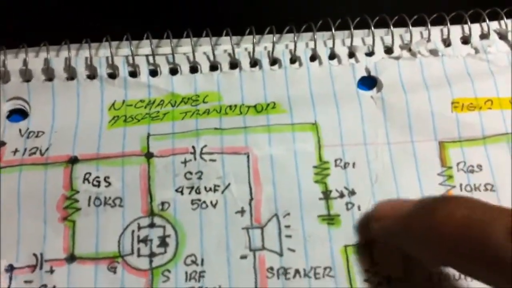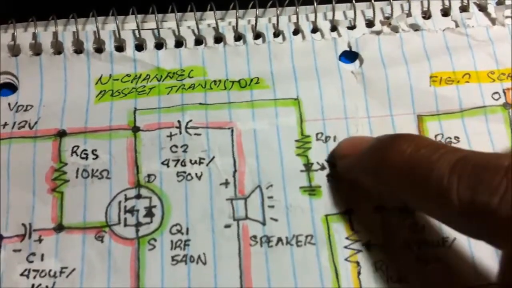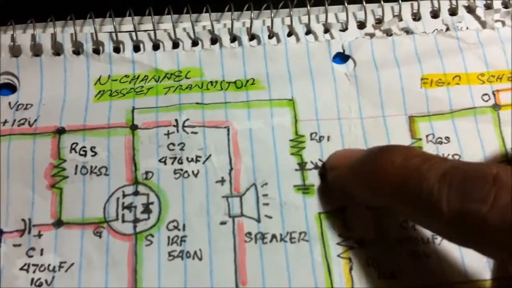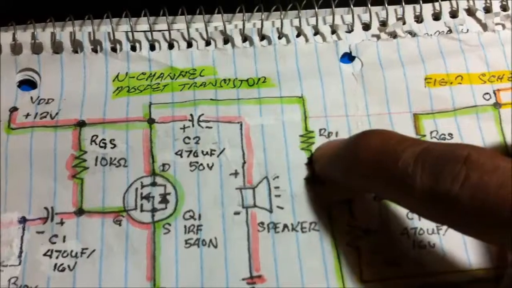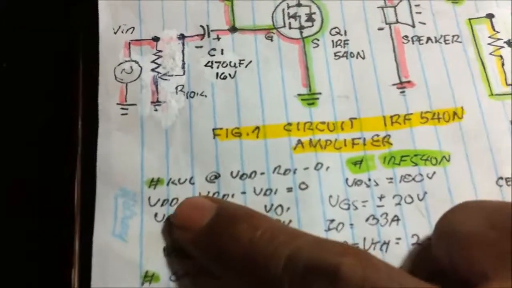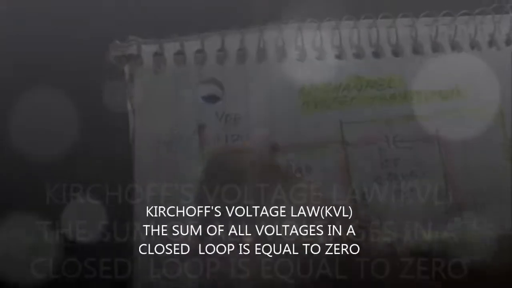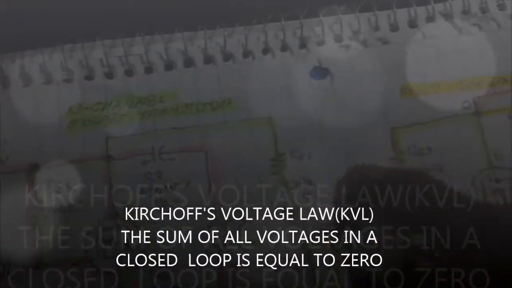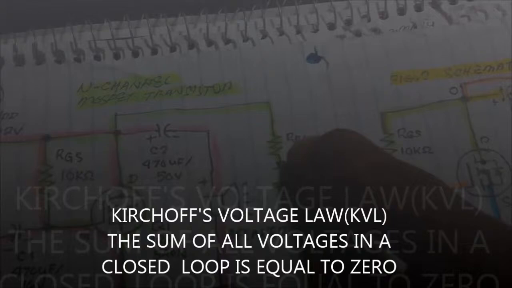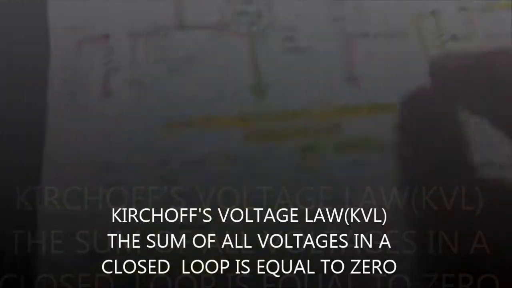So in here, I compute the value of RD1, the power LED resistor, using KVL. The voltage drop equals 0.